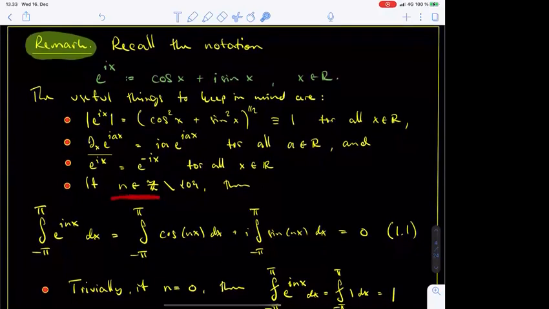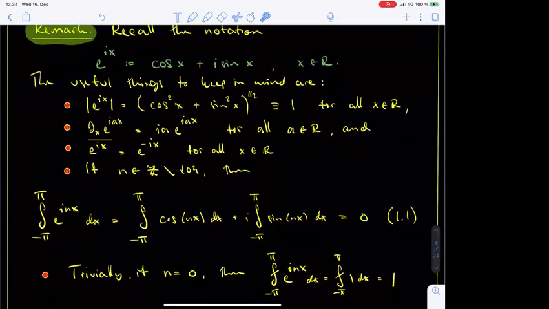Finally, if n is an integer but n is not 0, then the integral from minus pi to pi of the function e to the power inx vanishes. Namely, if you look at the definition of e to the power inx, you find that the integral of e to the power inx from minus pi to pi equals the integral of cosine nx from minus pi to pi plus i times the integral of sine nx from minus pi to pi.